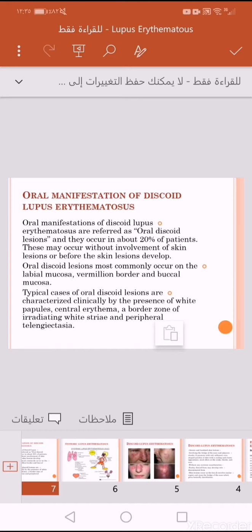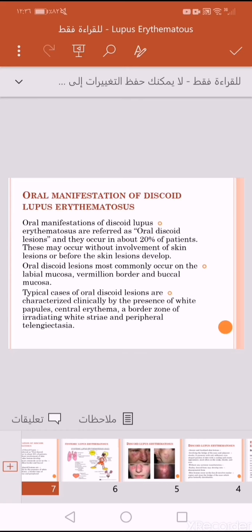Oral discoid lesions most commonly occur on the labial mucosa, vermilion border, and the buccal mucosa. These are the most common places that DLE occurs in.